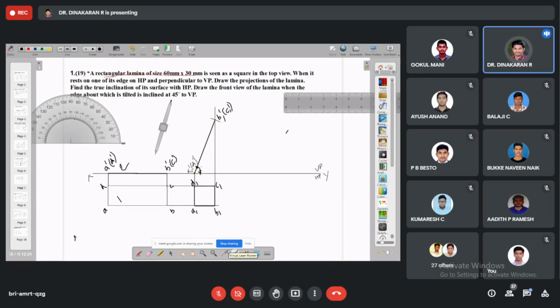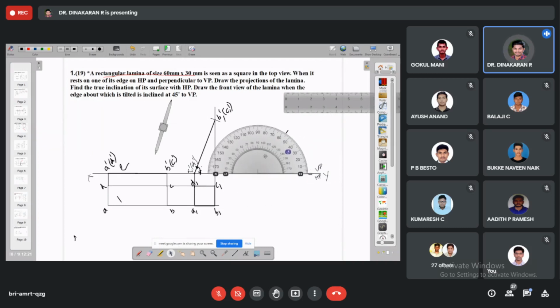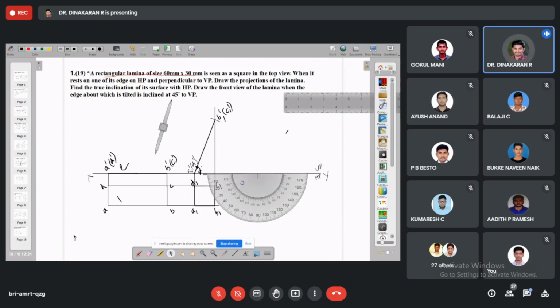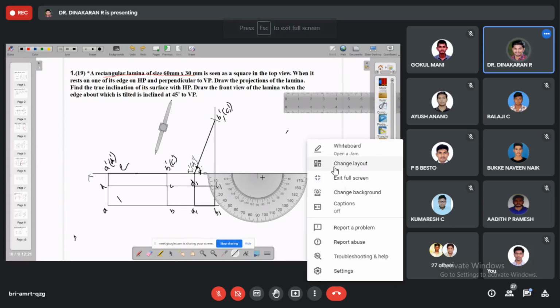Draw the front view of the lamina when the edge is inclined at how much angle? One dimension is given, one angle is given. Inclined at how much? 45 degrees, so 45 degrees to VP. So you see, after the drawing, first draw a 45 degree line as a thin line.